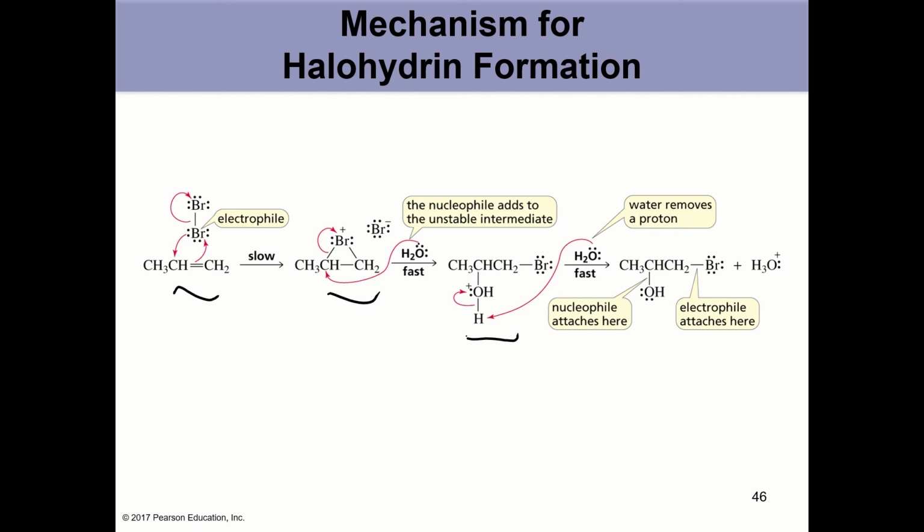Now the water molecule will donate its lone pair to form a bond to the more substituted carbon. The carbon to bromide bond will break, and we will have a protonated alcohol group in addition to our bromine that is still connected to the less substituted carbon.